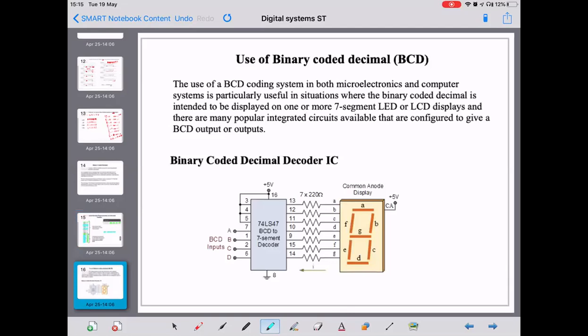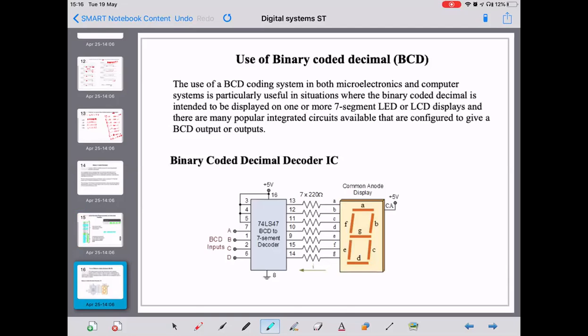So the use of this code, as I've already kind of said, is used in microelectronics and computer systems, useful in situations where binary coded decimal is intended to be displayed on one or more 7-segment LEDs or LCD displays. Many popular integrated circuits can be configured to give us BCD output.